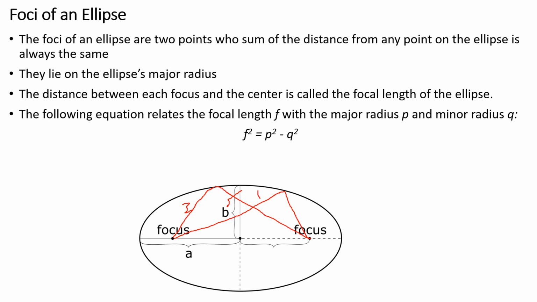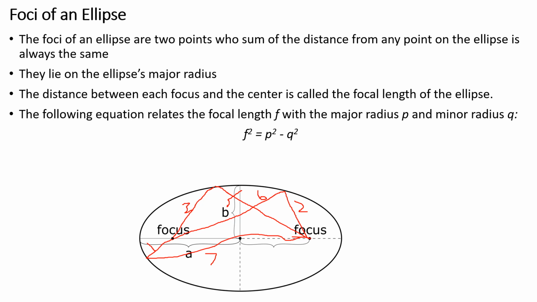If this was 6, then this would be 2. If this was 1, that would be 7. It always equals 8 in this case. So the focus is when we attach a line going from one point, any point on the ellipse, back to the other focus, that distance does not change at all.